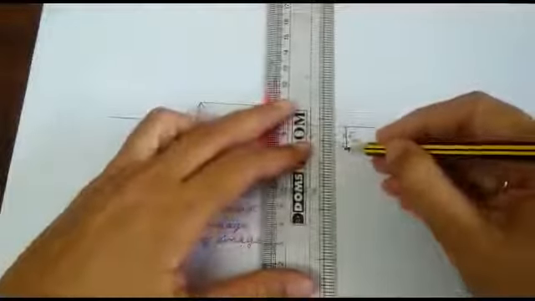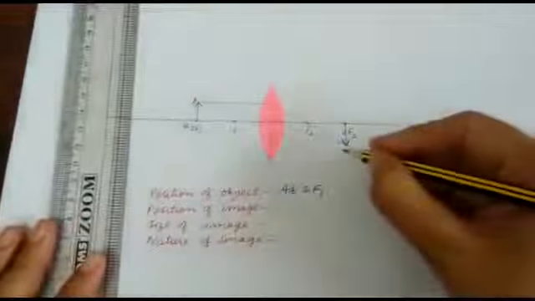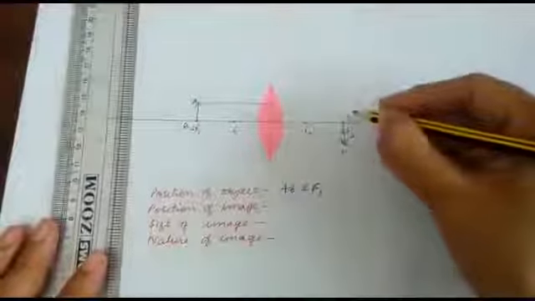So if we join this point, if I mark it as A, B, for the image, the arrowhead is A dash and this is B dash.